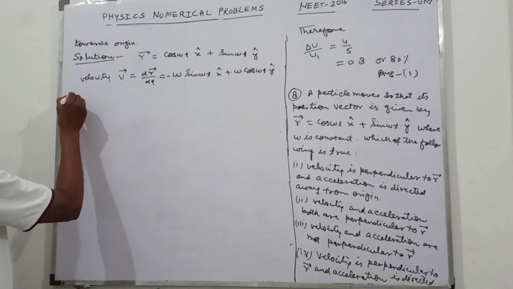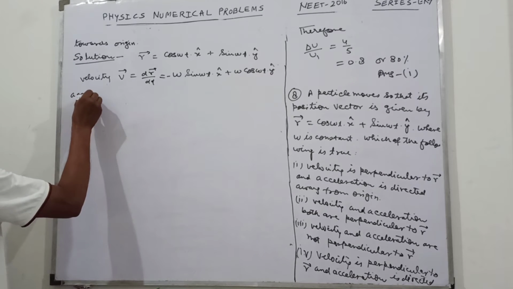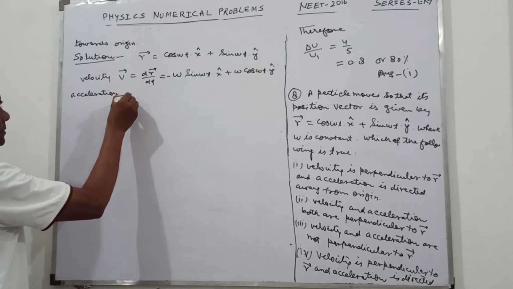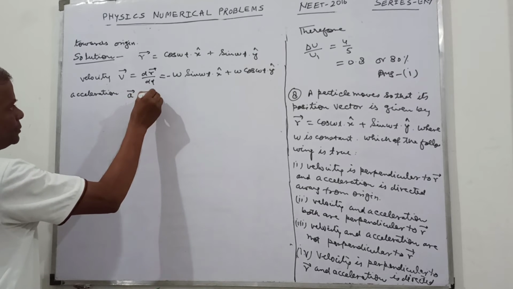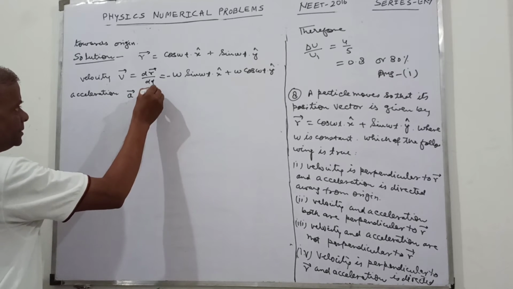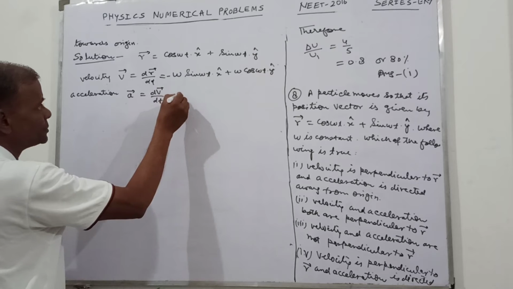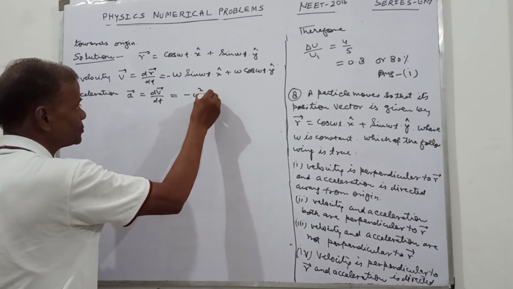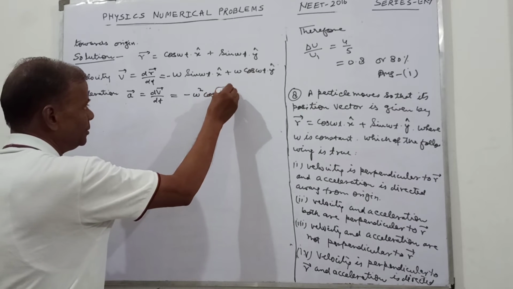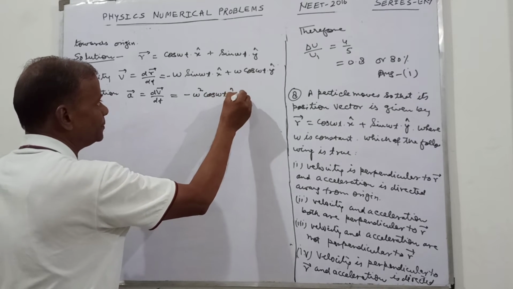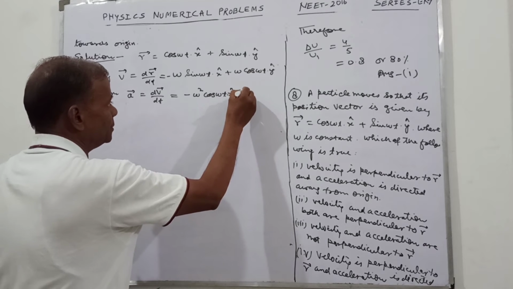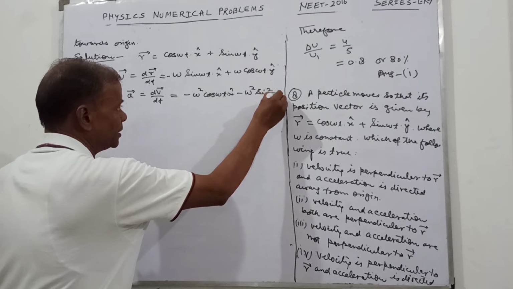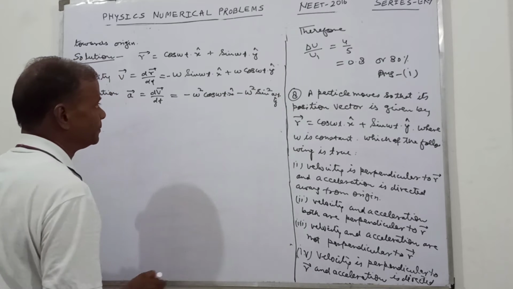Then find the acceleration. This a is equal to dv upon dt. This you are given v, so this you will find minus omega square cos omega t into x cap, and this is now minus omega square sine omega t into y cap.